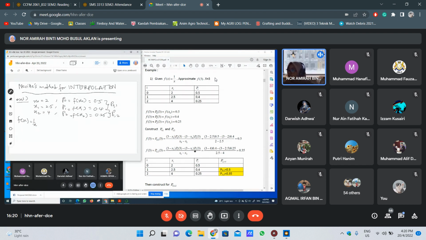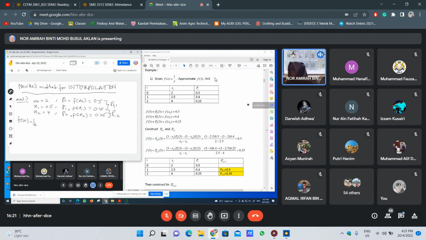Yang ni kita dah cari dah P0, P1, P2 daripada value of X0, X1, X2. Okay. So sekarang kita combine P0 dengan P1. Faham tak? So that's why I put P01. Sebab kita combine value P0 and P1 ni. Lepas tu kita cari pula another value P12 daripada data of P1, P2. Nampak tak kelas?